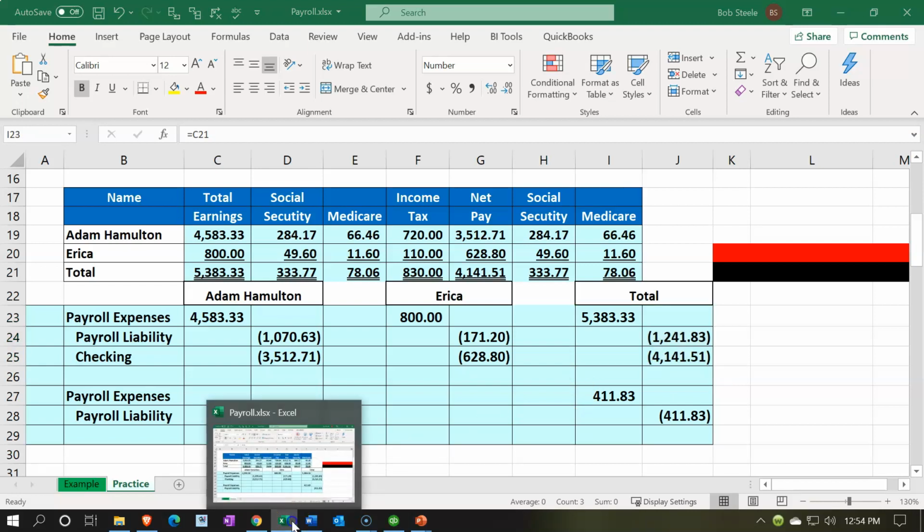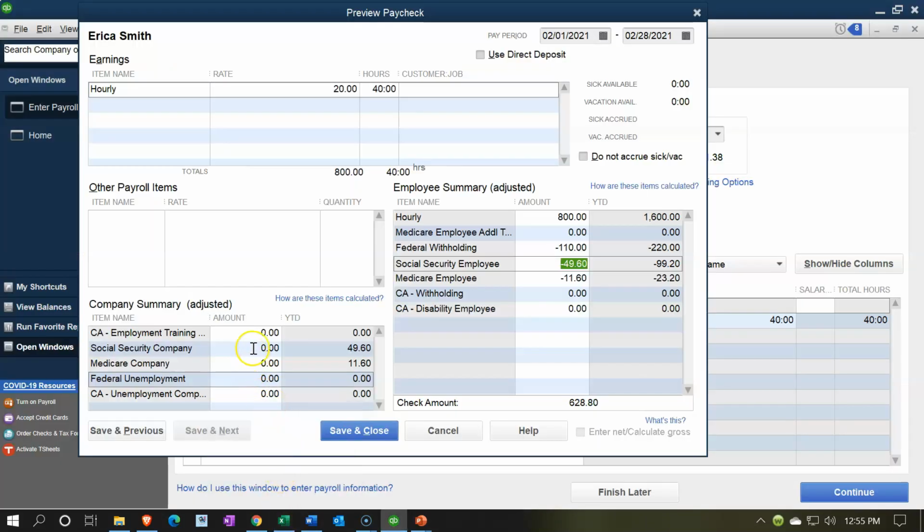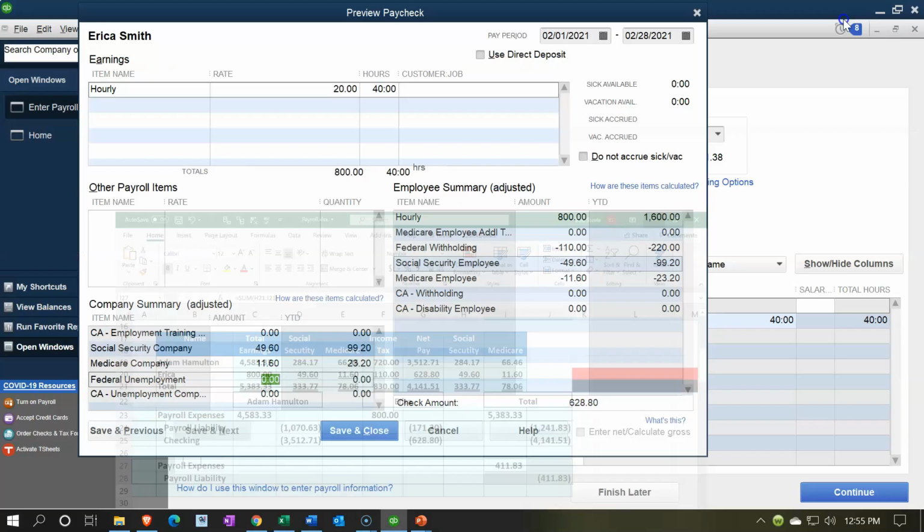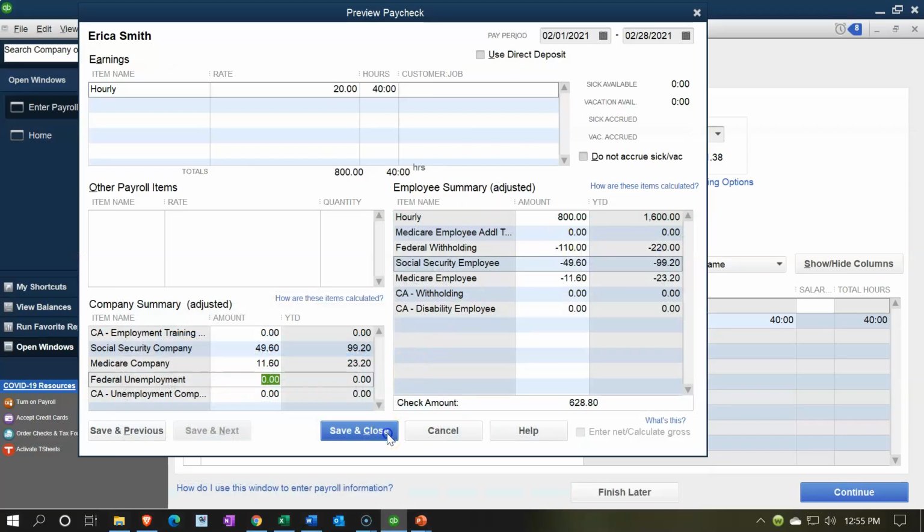And then the other side that we're going to be doing is to match the Social Security, which is going to be the 49.6, and the Medicare, which is 11.6. So that looks good, and that's going to be part of this journal entry. Increasing the payroll expenses, which could be payroll taxes, and increasing the liabilities. These two are combining them together, both employees. So there we have that. Let's go ahead and say save and close.